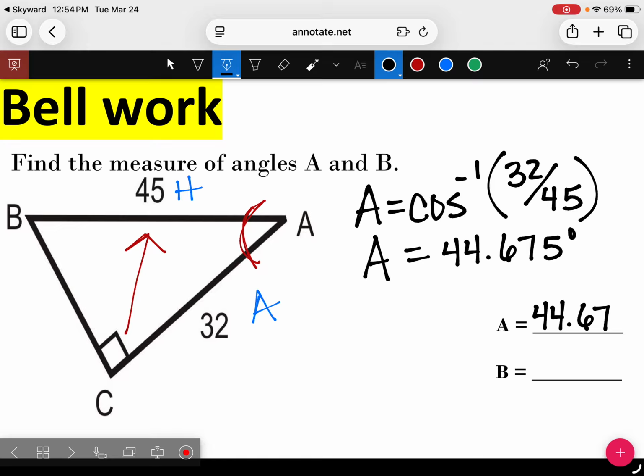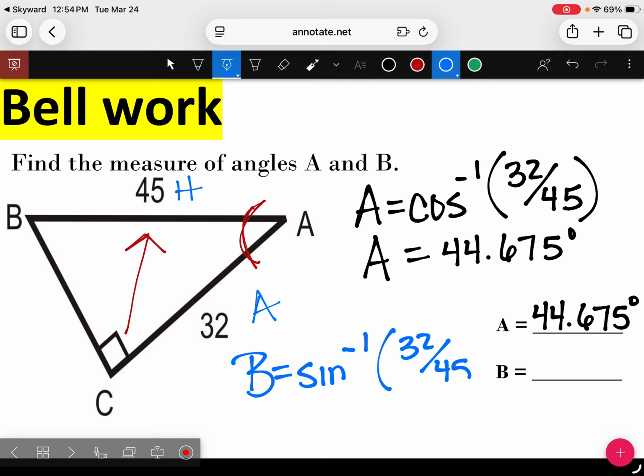All right, so now to find B, you have two options. Because 32 is opposite from B, you could do inverse sine of 32 over 45.